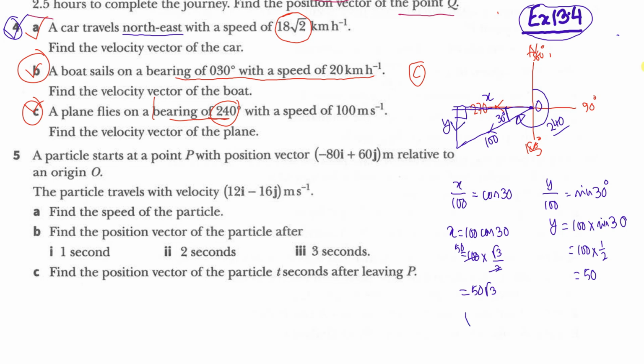So our final velocity vector we have to write is minus 50 root 3 i, and the other part is also negative, minus 50z. Because one goes left and y goes down, that's why we consider both negative. This is the answer of this question.